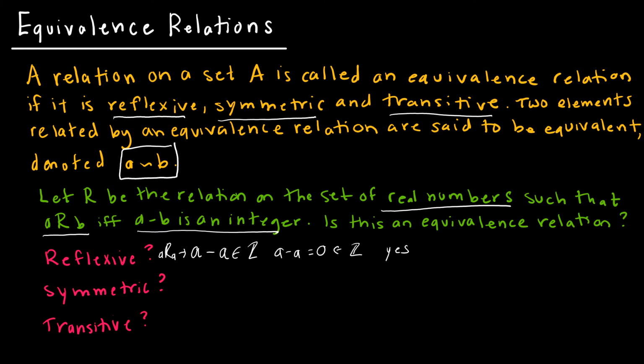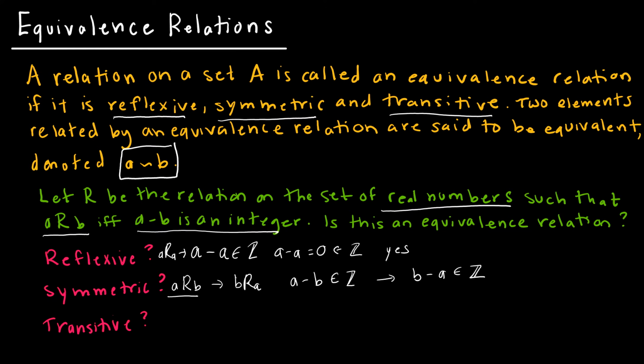Is this symmetric? Symmetric says if A is related to B, that implies that B is related to A. So is this true? If I took A minus B and got an integer, does it imply that B minus A is an integer as well? Well, absolutely that is true.